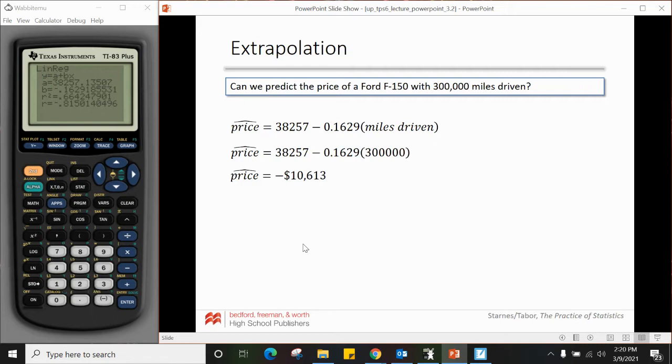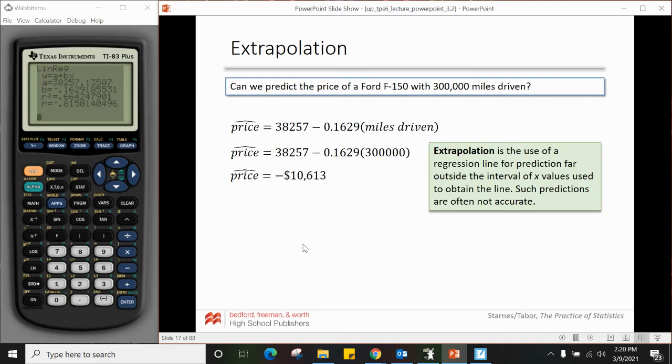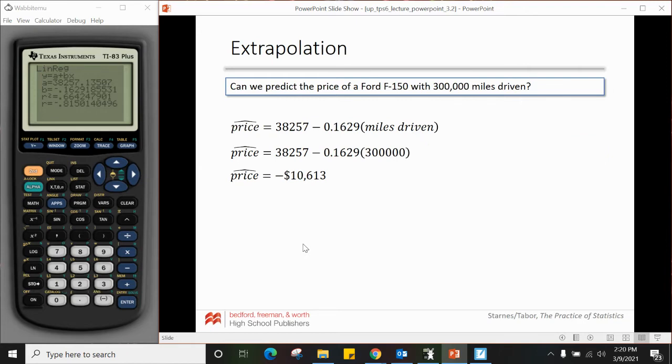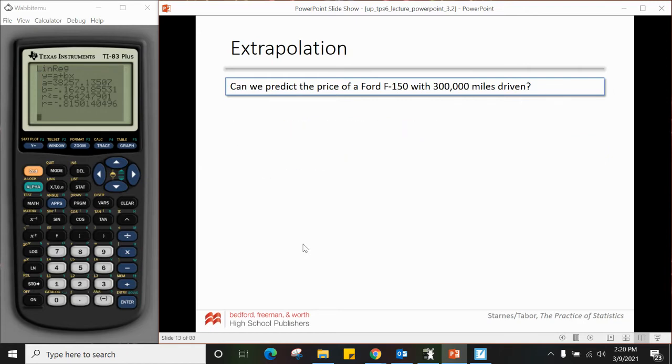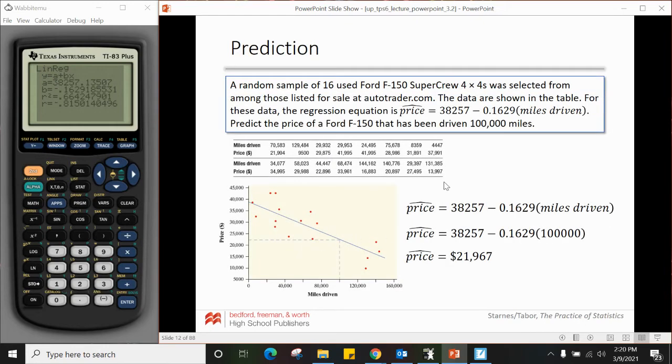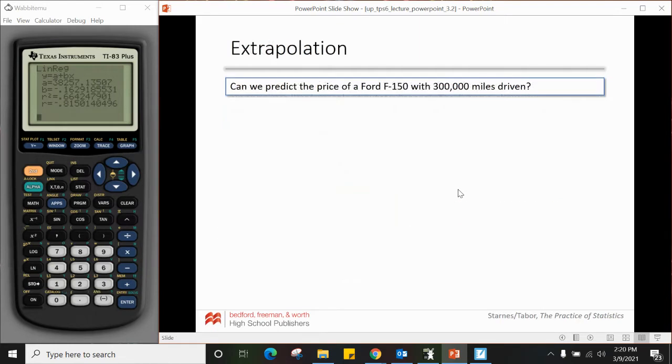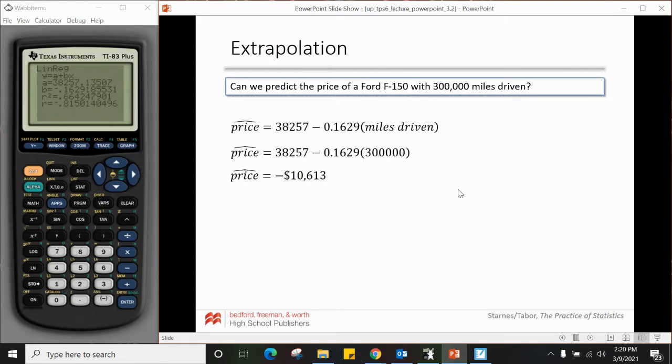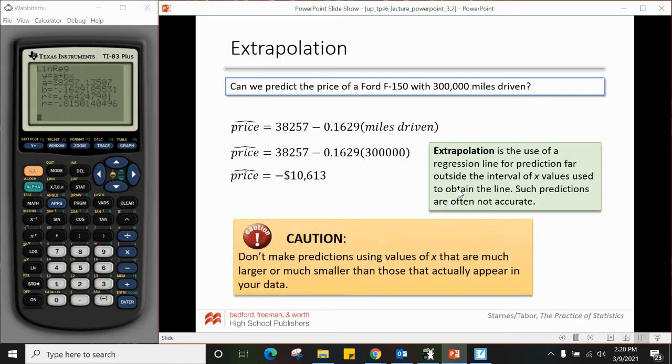Well, it's something called extrapolation. Most of our data values, if you look at our data, for the miles driven, the minimum was like 4,000, but there's nothing really more than 144,000. That was our largest value. 300,000 is significantly larger than our largest X value.